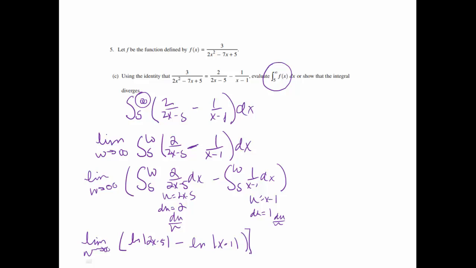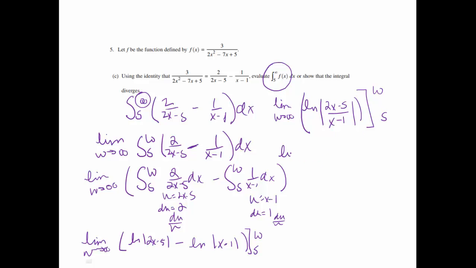Okay, and then we are evaluating that at 5 and w, but before I do that, I am going to put those together because it's going to make it easier for me to evaluate. So this is still going to be the limit as w approaches infinity of the ln of 2x minus 5 over x minus 1, and I'm still evaluating it at w and 5.